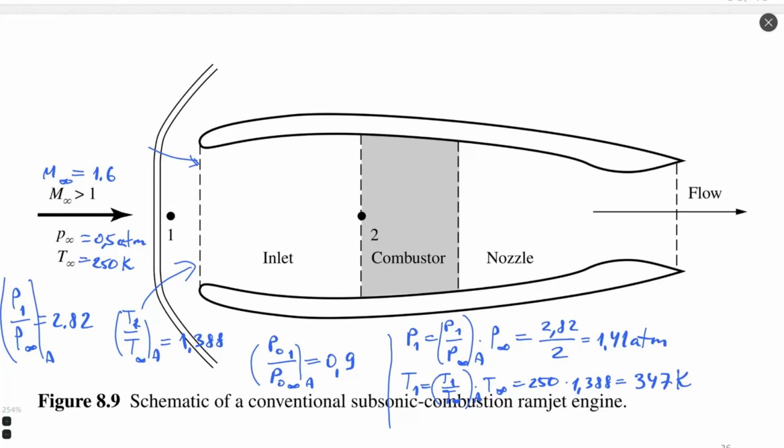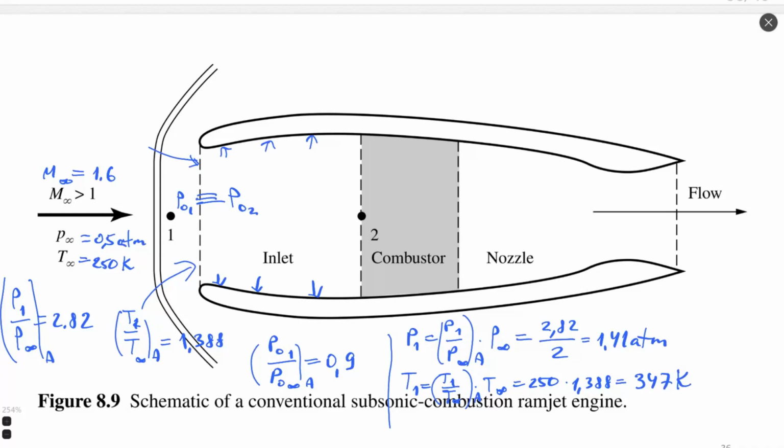For now, we can just make some kind of assumptions. We can say that pressure 01 would be the same as pressure 02, because if we neglect the presence of the boundary layer and neglect heat transfer to the wall, which is theoretically small in such a case, we can assume that stagnation pressure will be conserved.